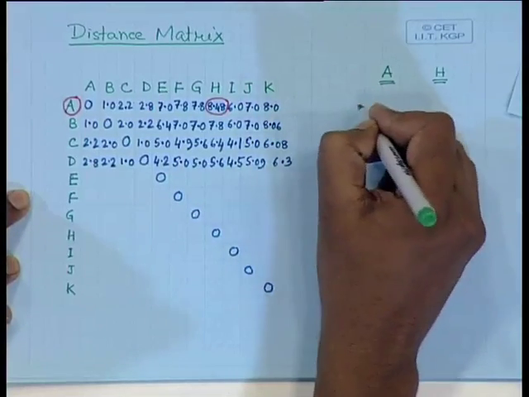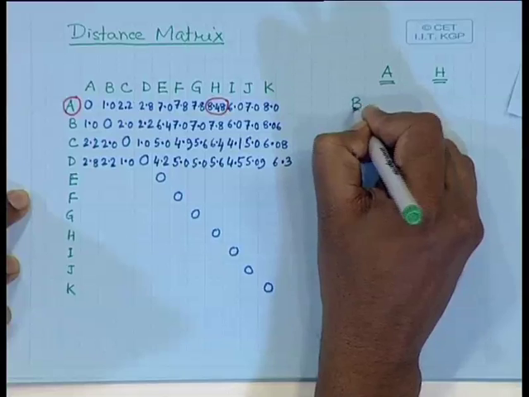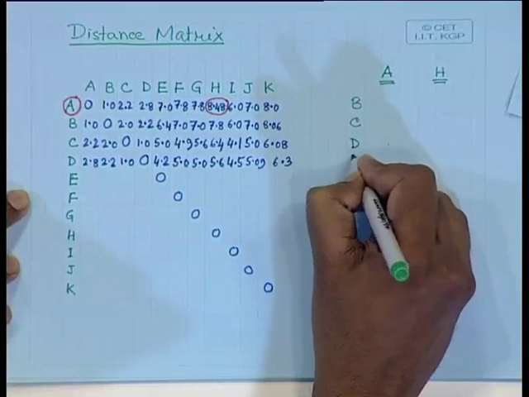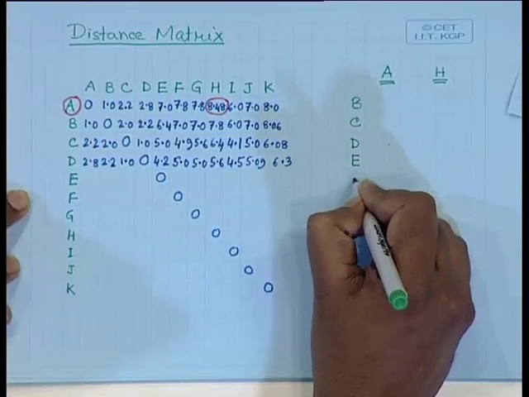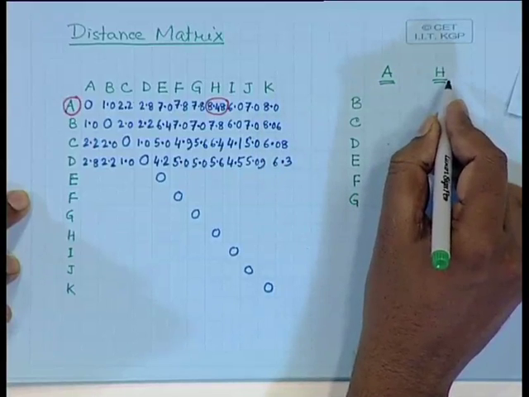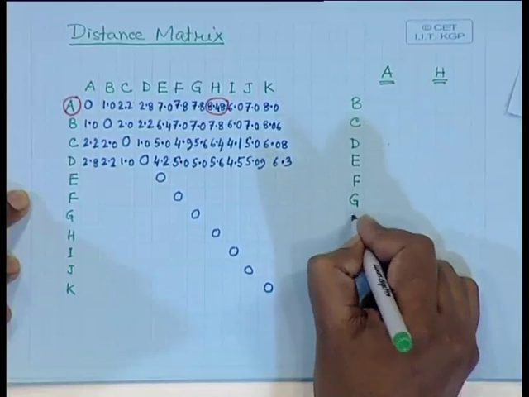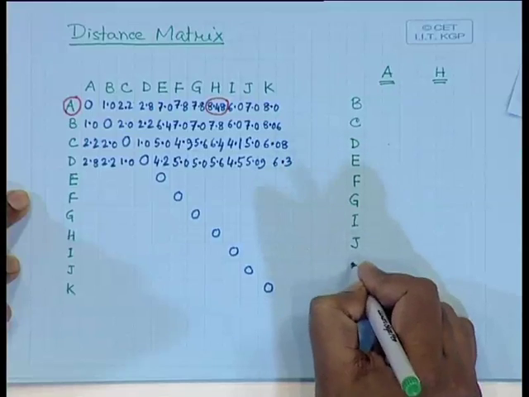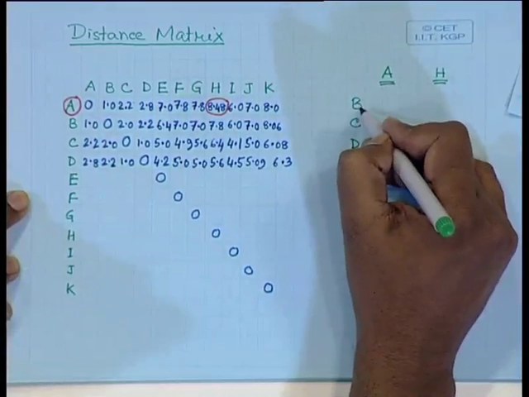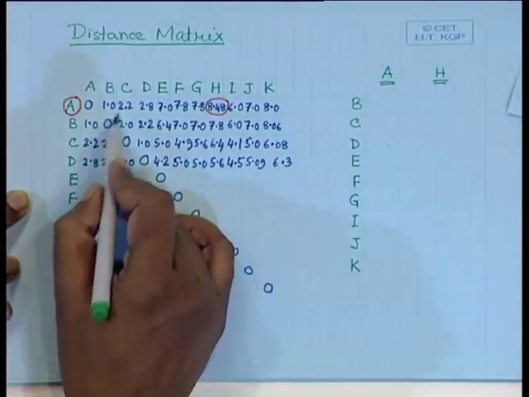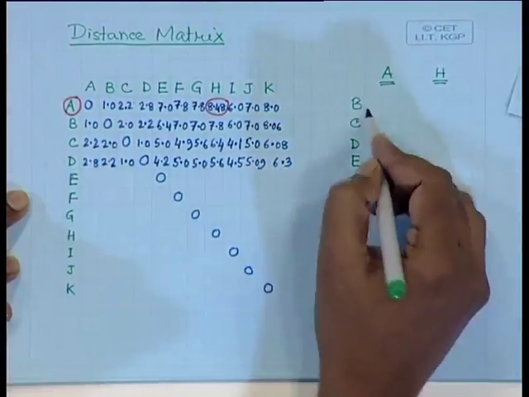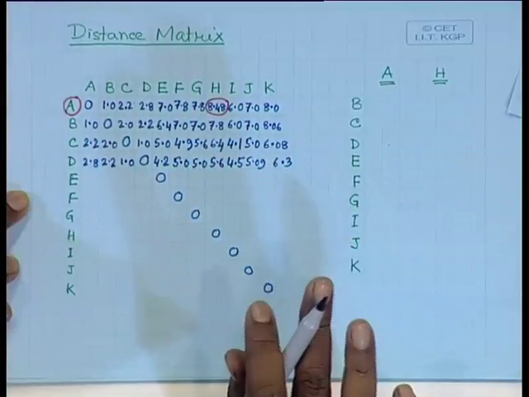So, other points that I have are point B, C, D, E, F, G, H is a cluster center, okay. Then I, J, K. Okay. So, if I compute the distance between A and B, I will simply get it from this matrix.